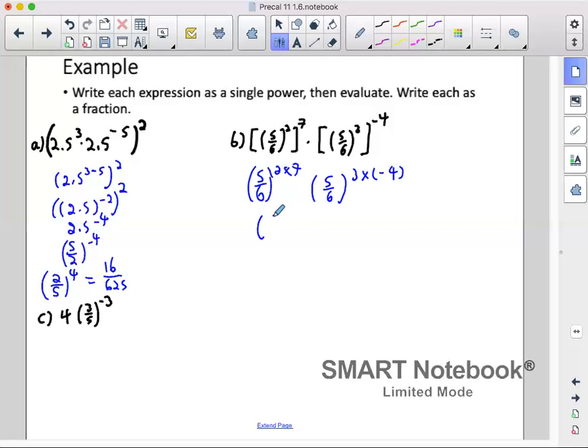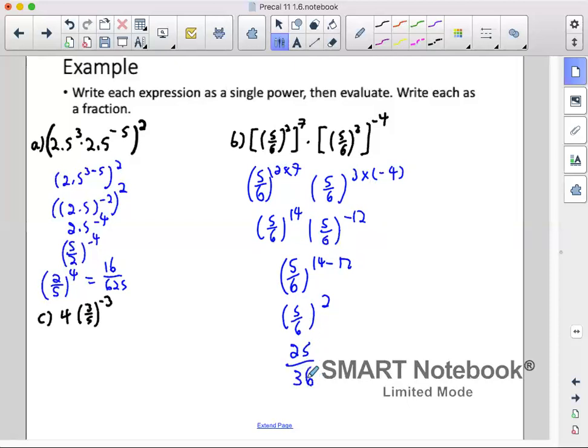So that's 5 over 6 to the 14 times 5 over 6 to the negative 12. So that's 5 over 6 to 14 minus 12. So 5 over 6 squared. 5 squared is 25. 6 squared is 36.